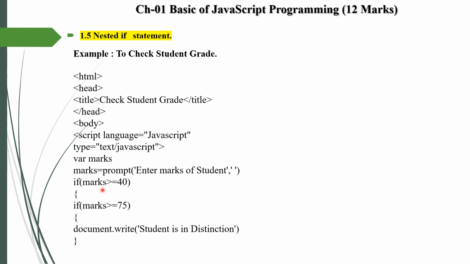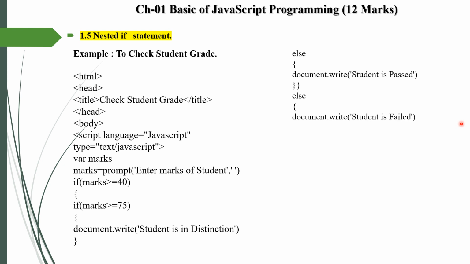Then if the first condition is true and the second is false, then this statement is displayed: student is passed, because marks is greater than 40 but not greater than 75, so the student is passed. And if both conditions are false, then it displays student is failed. So this is a simple example of displaying the grade of a student.